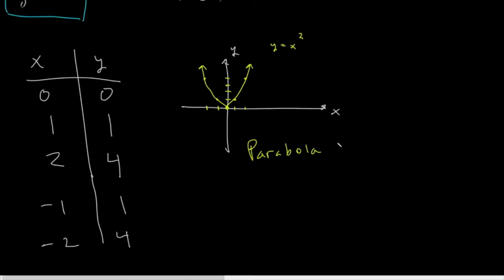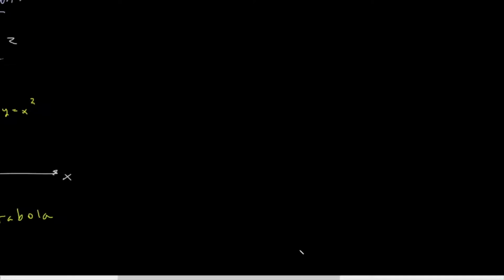So, with that being said, if you recall back to the slope-intercept formula of a line, this is just y equals mx plus b. That's just a line. We've graphed a trillion of these, right?